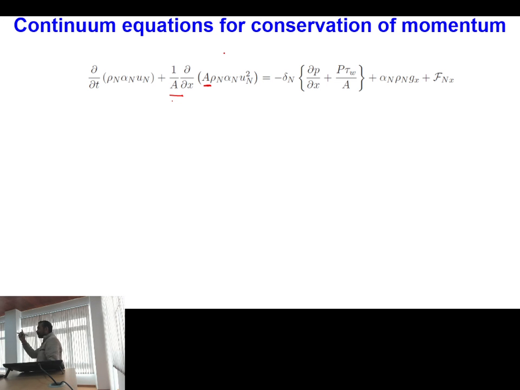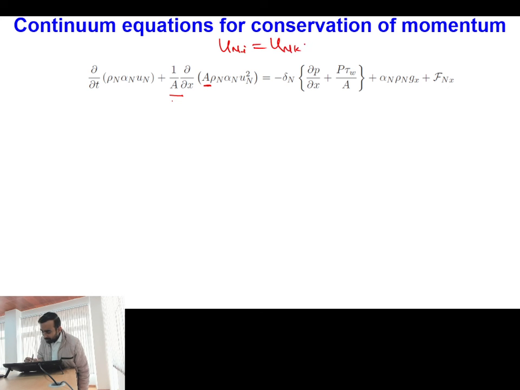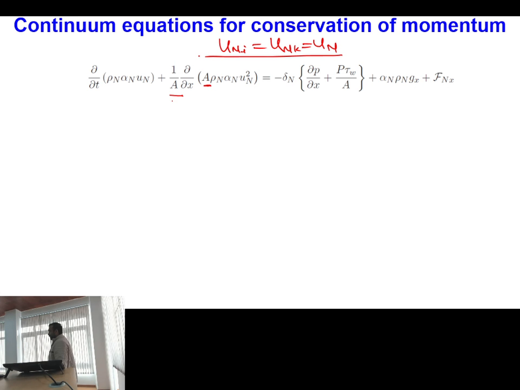Now at the entire cross section I have a single average value of the velocity. So that's why my u and I has become equal to u and k, which is written equal to u n. Okay, because in terms of area averaged quantity I am moving in a single direction. So that's why you can see over here this un square is written.